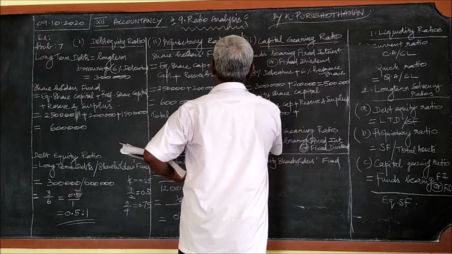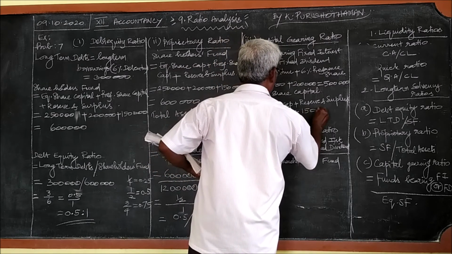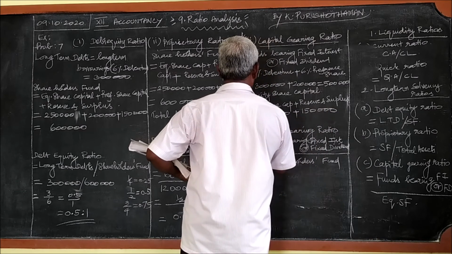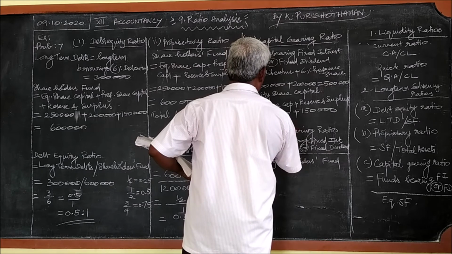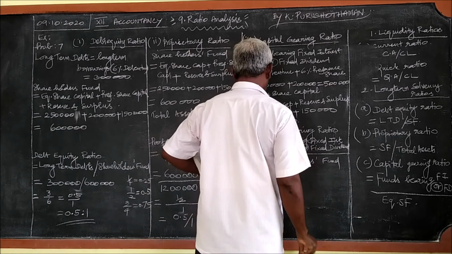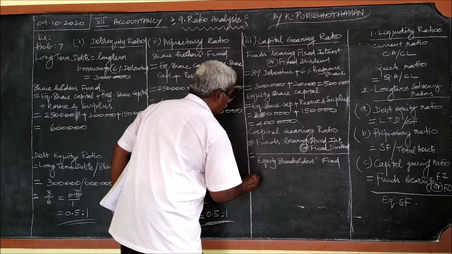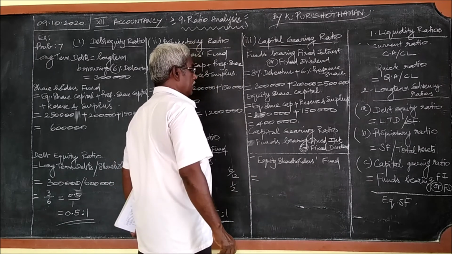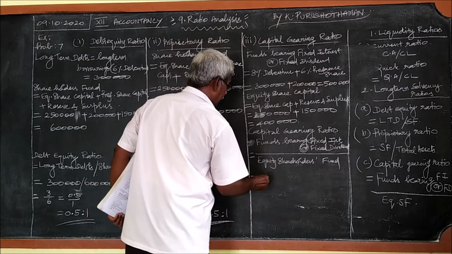$2,50,000 plus reserve and surplus 1,50,000. So it comes to 4 lakhs. Now we can substitute the values for this. The numerator value is 5 lakhs.